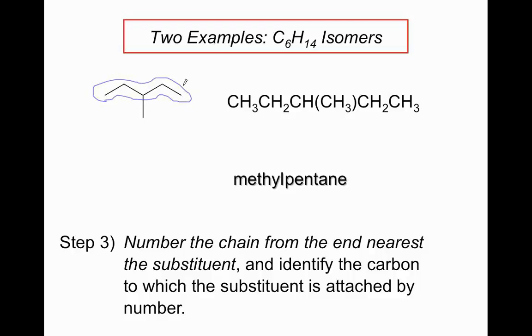So I'm just going to start numbering from the right side just because it's convenient for me. 1, 2, 3, 4, 5. In this isomer, the methyl group substituent is attached at position 3, so we append that to the IUPAC name as a prefix, 3-methylpentane.